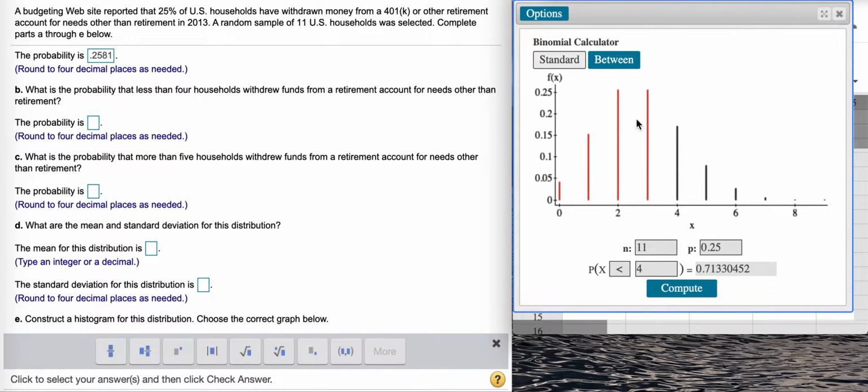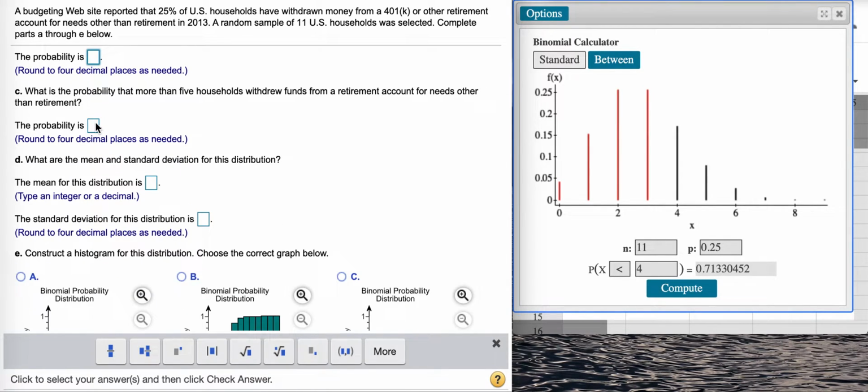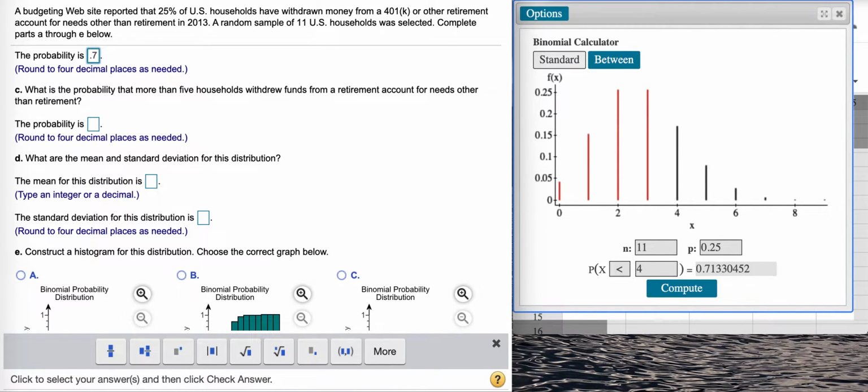And if I add up the probabilities of those red markings there, I get 0.7133. So we'll put in for part B 0.7133.